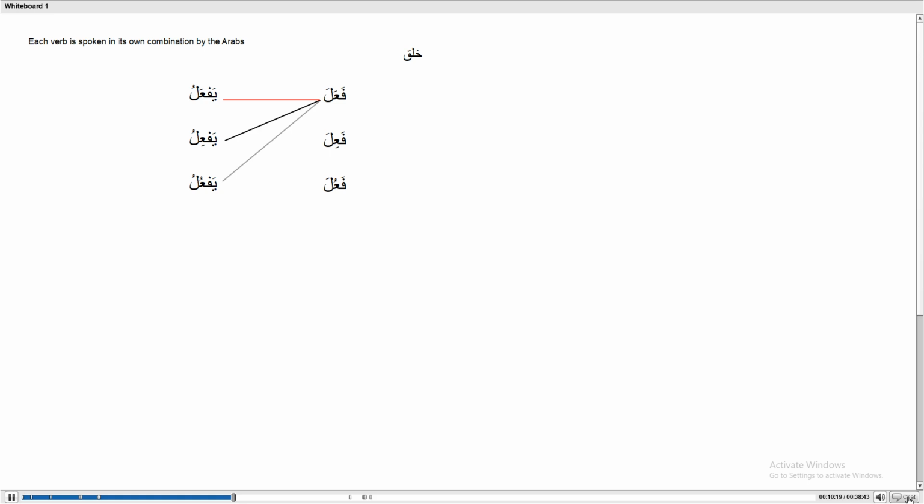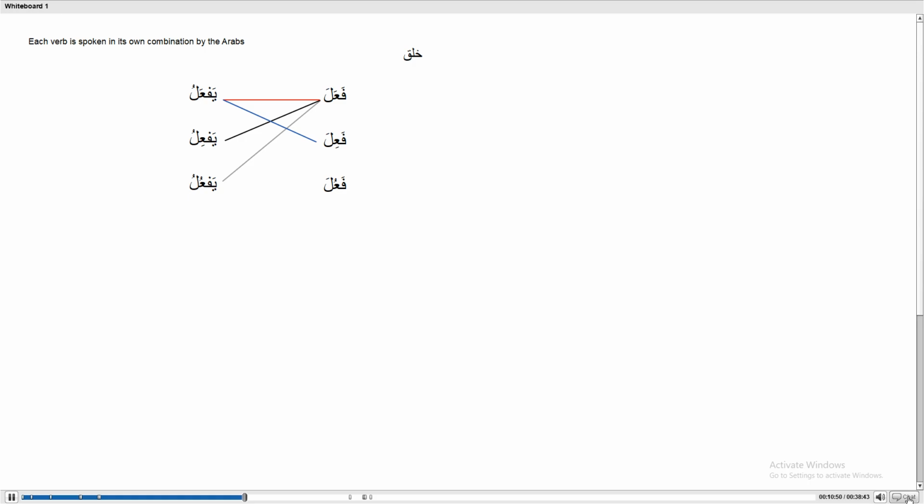Okay? And there are other verbs which follow this combination فَعِلَ يَفْعَلُ. That means there are some verbs that are only spoken in this way, like عَلِمَ يَعْلَمُ.